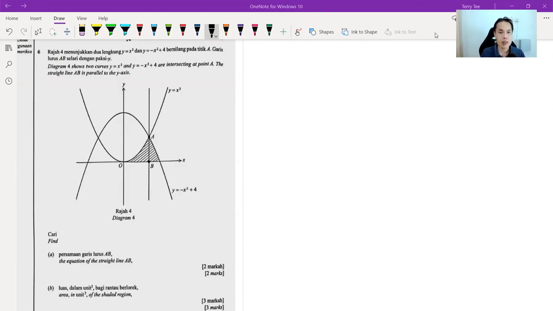Okay, so the first thing is, I think we can just let y equals x squared be your equation number 1, and y equals negative x squared plus 4 as your equation number 2. I sub 1 in 2, right? So your x squared equals negative x squared plus 4.